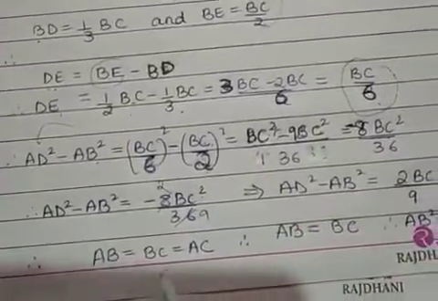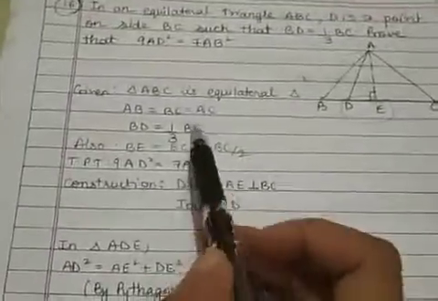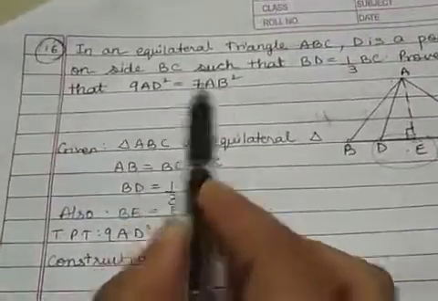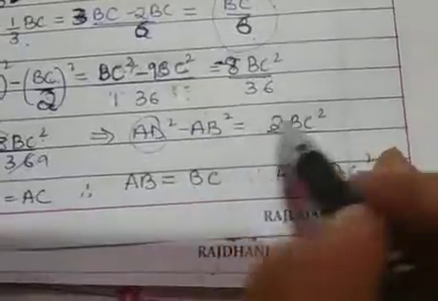Now we know all three sides are equal. In our question we need AD and AB only, but BC is extra here.